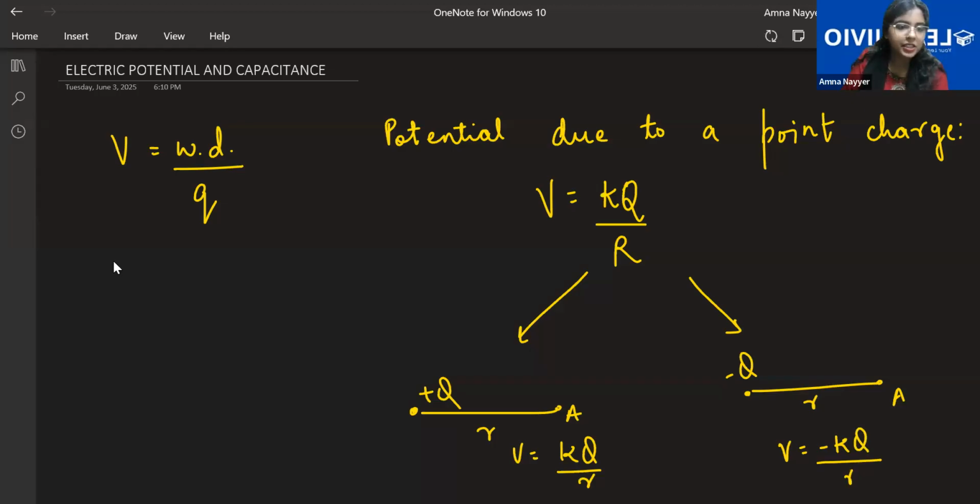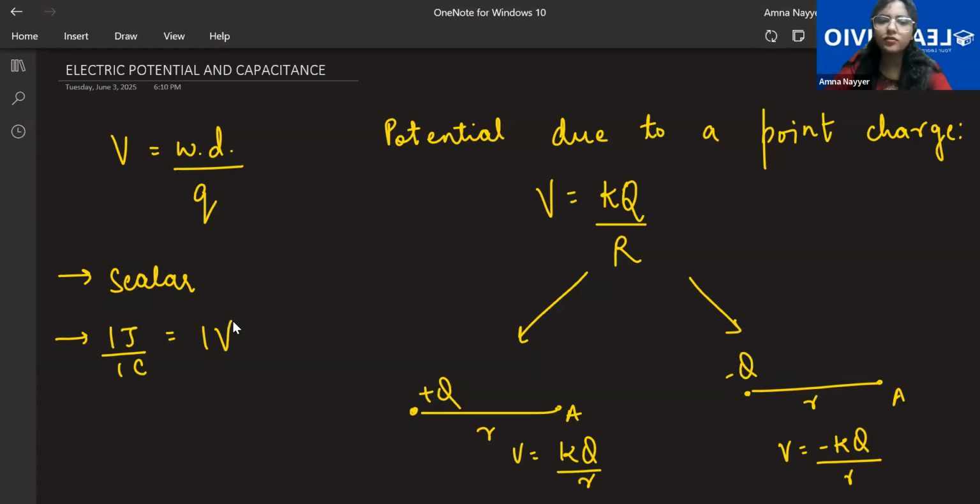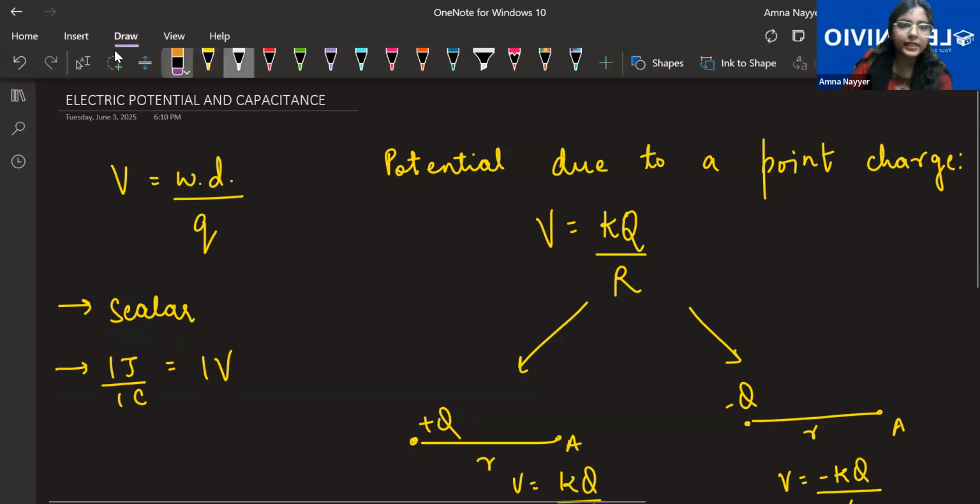The reason is that potential is a scalar quantity, and the SI unit is basically 1 joule per 1 coulomb, which is equal to 1 volt. This is the basics of the potential that you know. Now let's discuss one question.